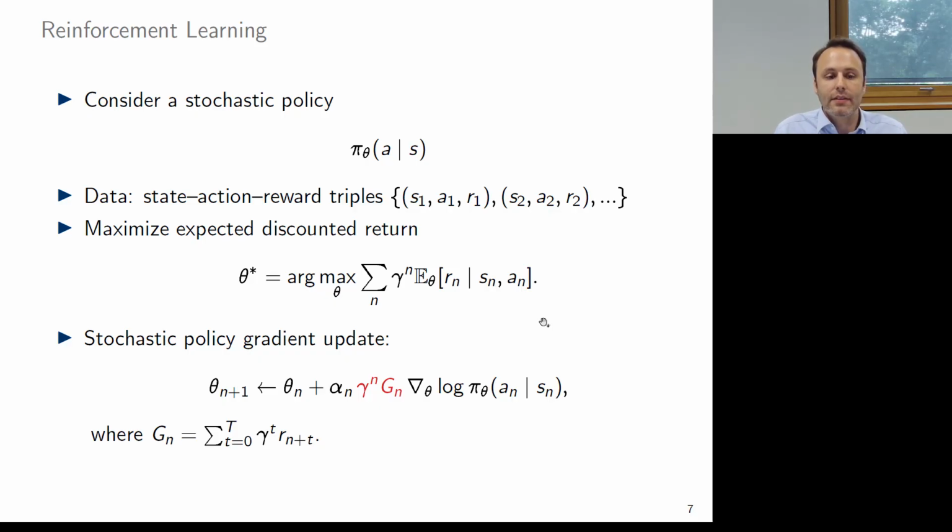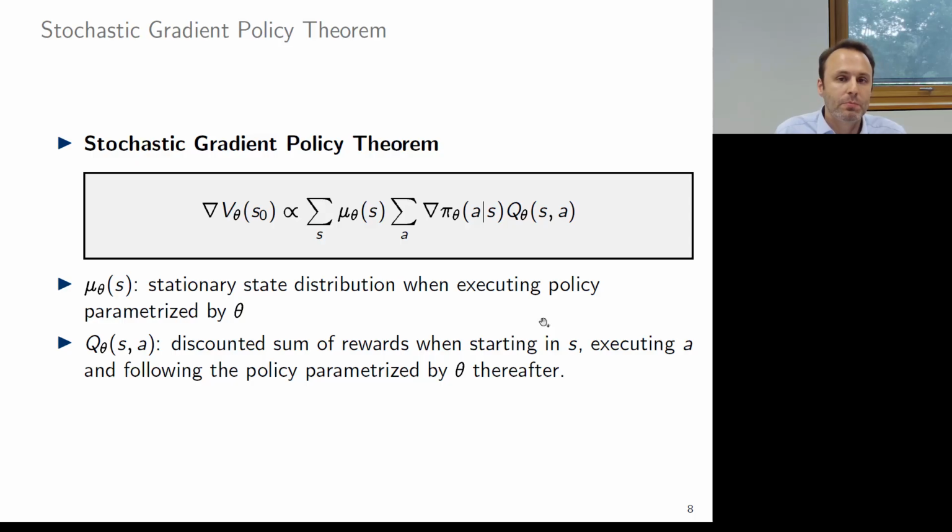Now, how to get this stochastic policy gradient update? To understand this, we must take a look at the stochastic policy gradient theorem, which states the following. It says that the gradient of the value function is proportional to the sum over all states of mu, which is a stationary state distribution when we execute the policy parameterized by theta. So this mu is going to be difficult to obtain, so we need to give it also a little bit of thought how we can deal with it.